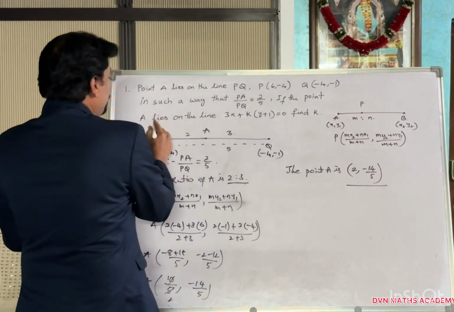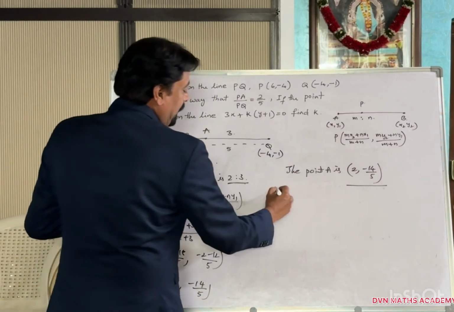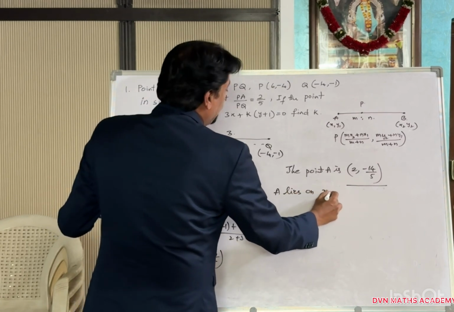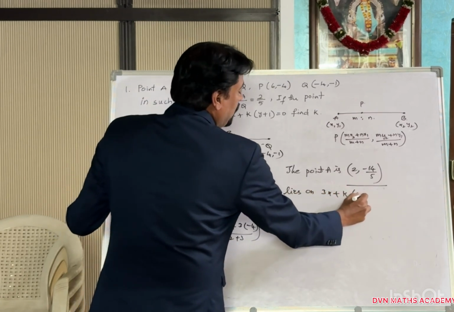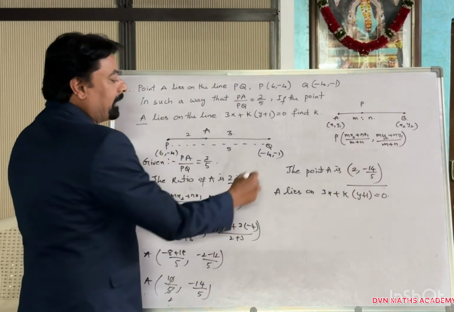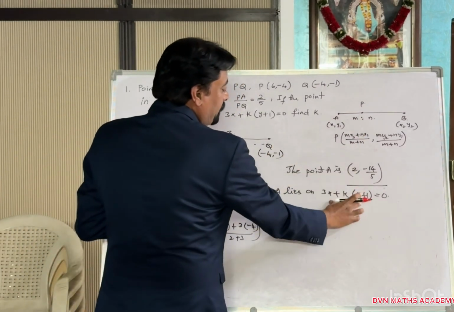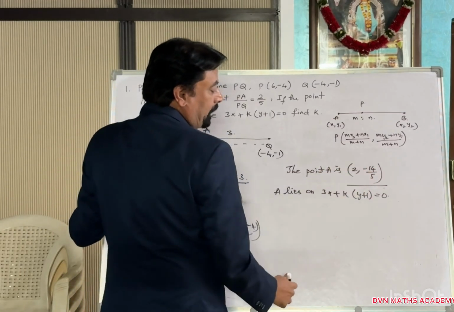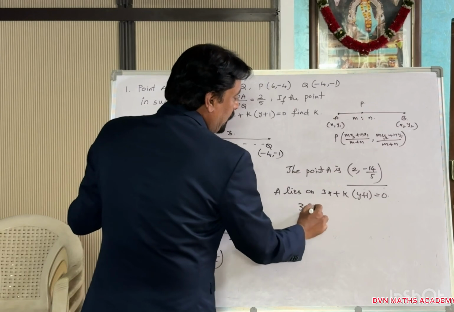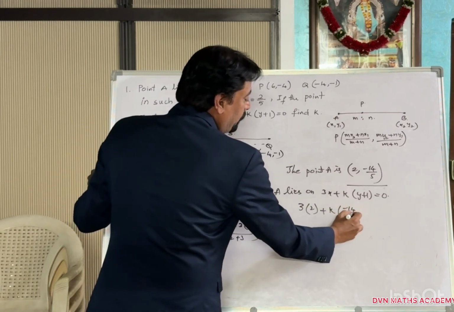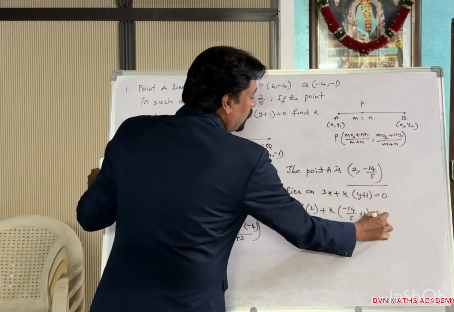If you continue the question, A lies on the line 3x plus k(y plus 1) is equal to 0. If this point is on that particular line, it must satisfy this equation. Just substitute x value as 2 and y value as -14 by 5. 3 into 2 plus k of (-14 by 5 plus 1) is equal to 0.